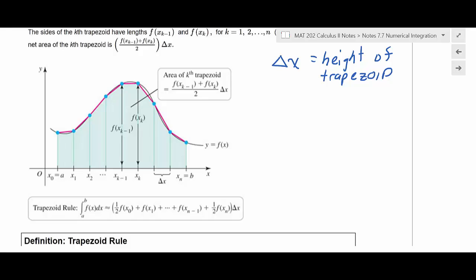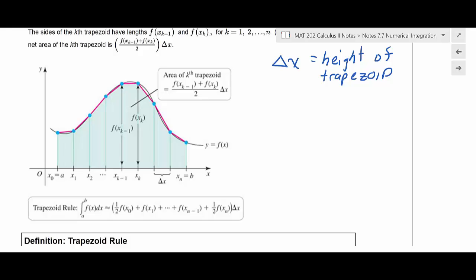What we're going to learn a little bit later is Simpson's Rule, which looks at a parabola. Once you have a parabola, you start getting super accurate. So that's the idea: we're going to use trapezoids because it increases the accuracy a little bit. The formula has some shortcuts in it, which I'll show you where they come from in a minute, but not yet. The best way to show that is with an example.